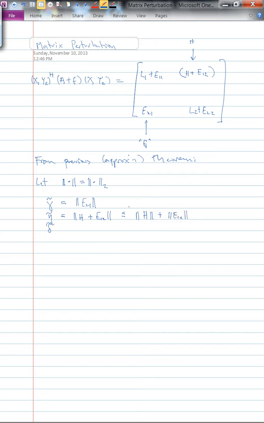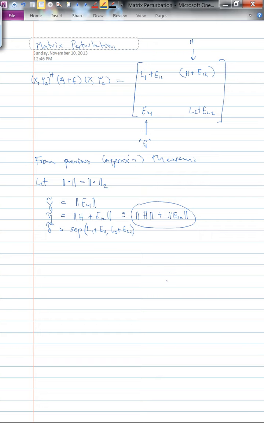So this is actually the bound that I'll use for eta tilde. And what's delta? Delta is going to be the separation, sep, between the blocks on the diagonal. So in the past it was L1 and L2, but now we have L1 plus E11, L2 plus E22.